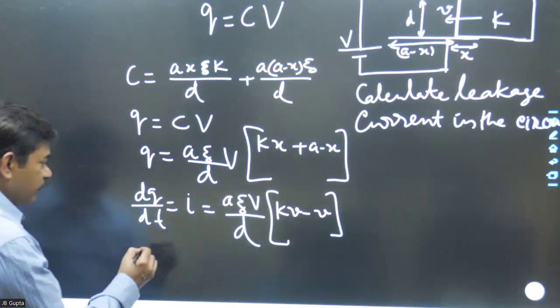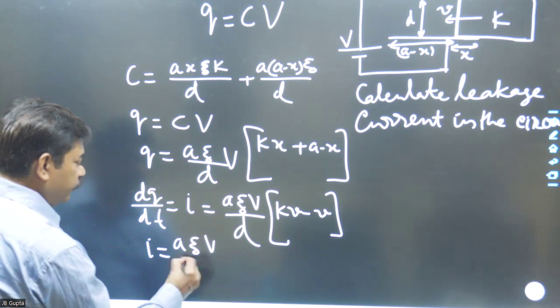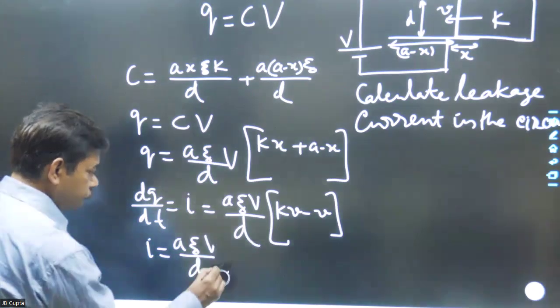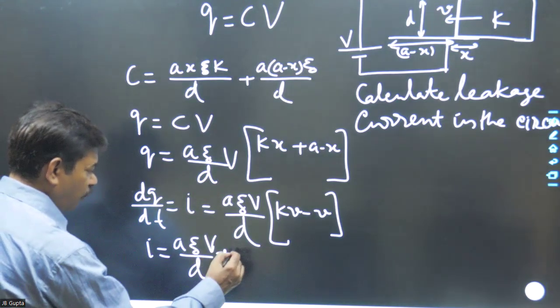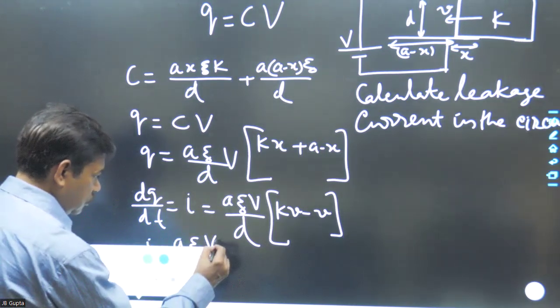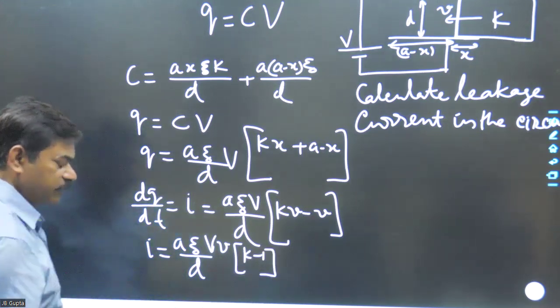So the leakage current I becomes A epsilon naught V upon D, with small v common, into (K minus 1). This is the leakage current.